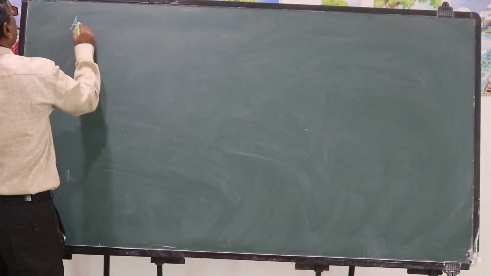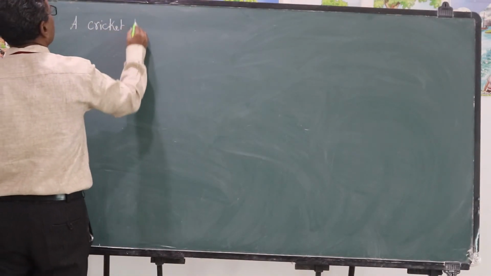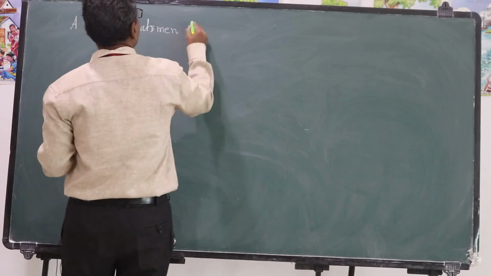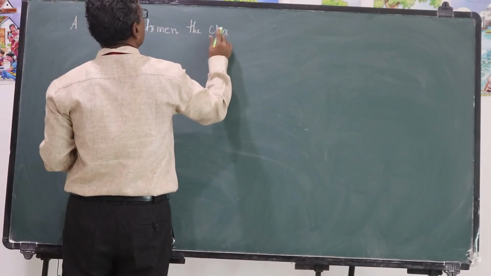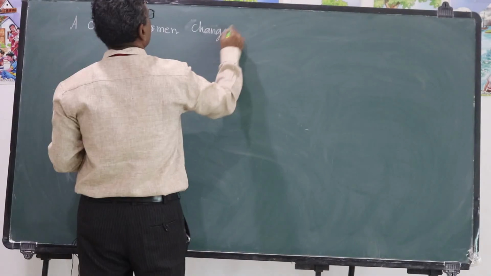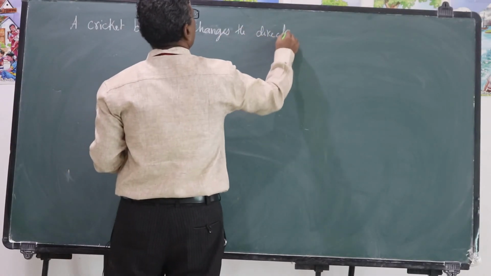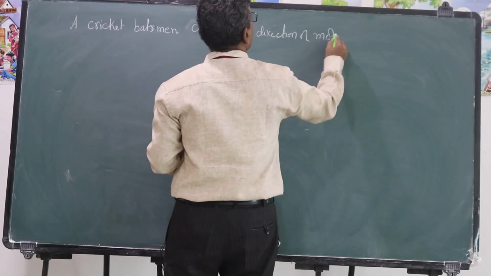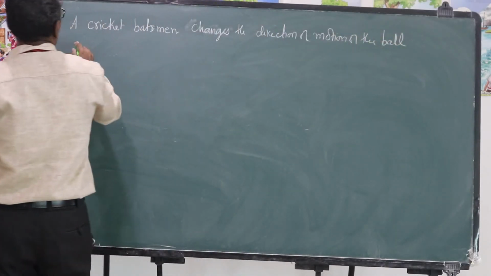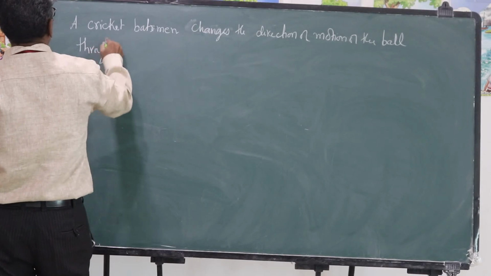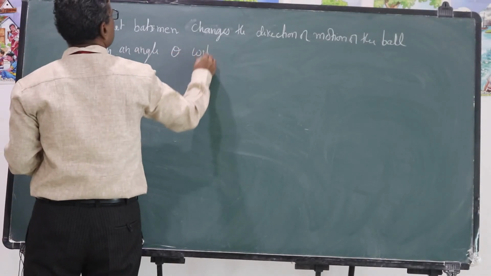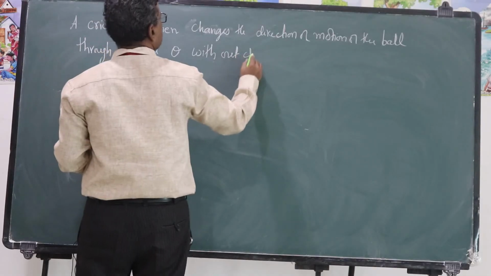A cricket batsman changes the direction of motion of the ball through an angle theta without change in its speed.